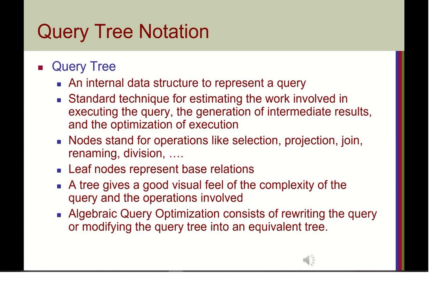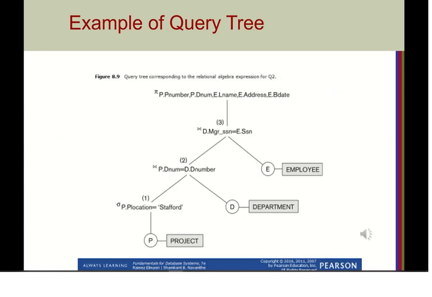A tree gives a good visual feel of the complexity of the query and the operations involved. Algebraic query optimization consists of rewriting the query or modifying the query tree into an equivalent tree. This is an example of a query tree corresponding to the relational algebra expression for Q2.